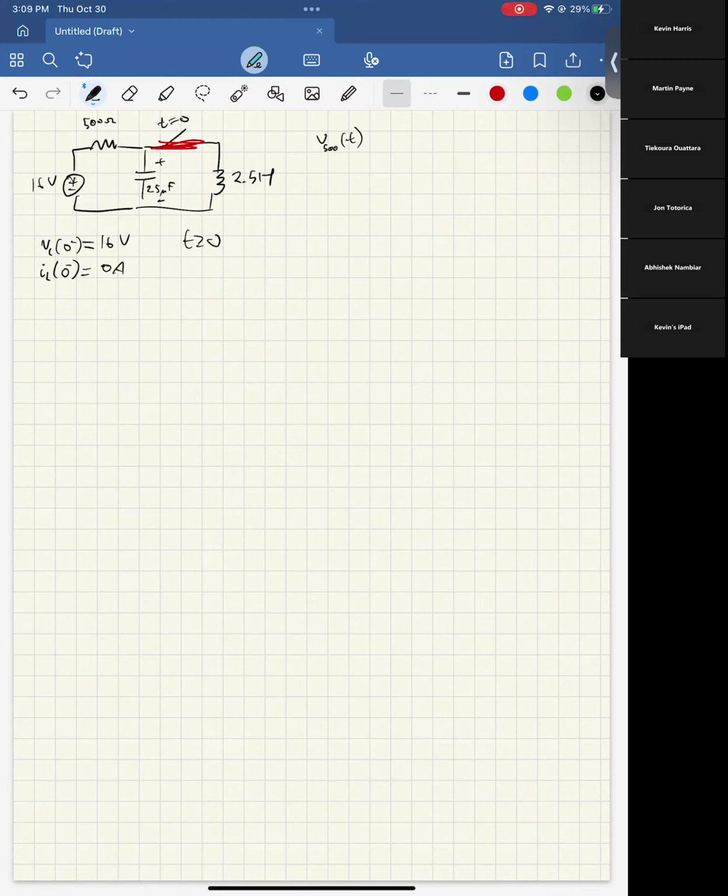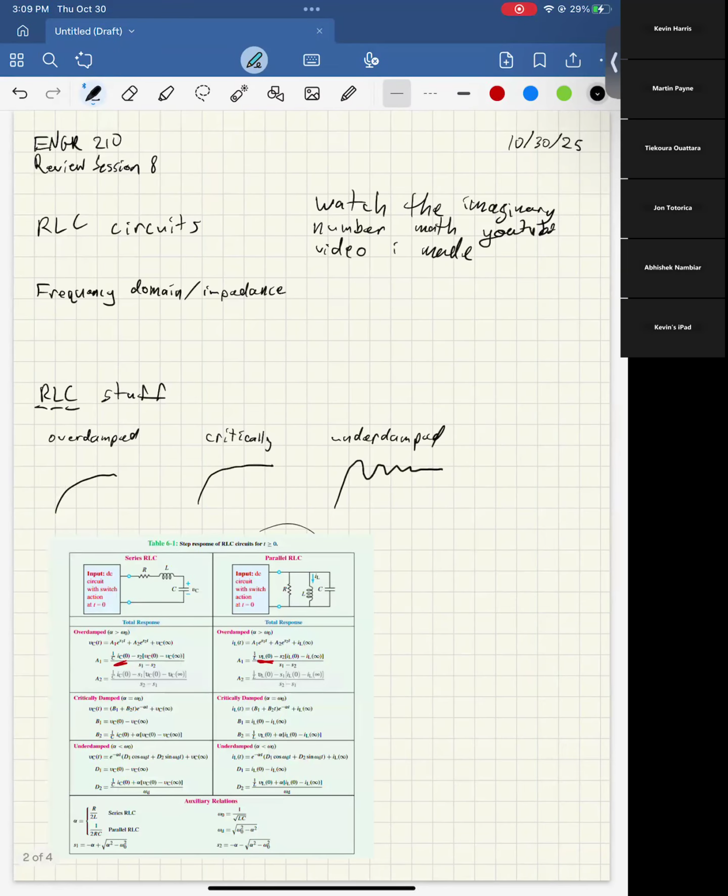Now if we source transform this, let me make sure I'm thinking about this right. Once we're here, as you see, the capacitor and the inductor are in parallel. So we want to get everything in parallel so that we can use this equation.